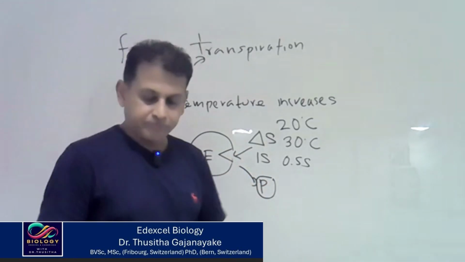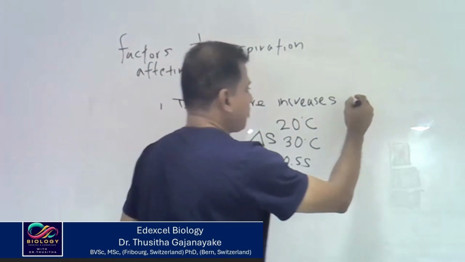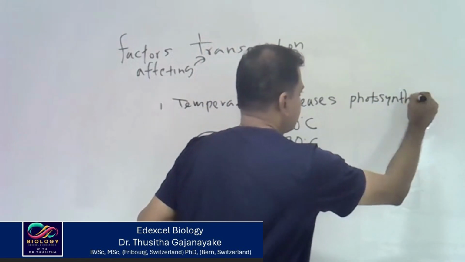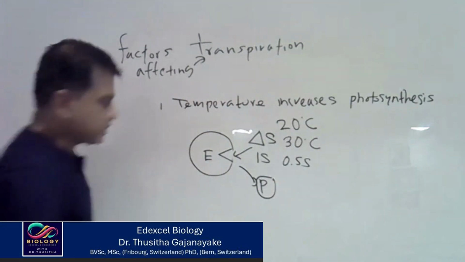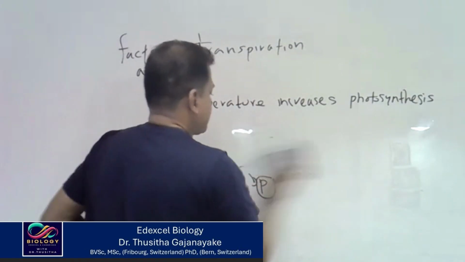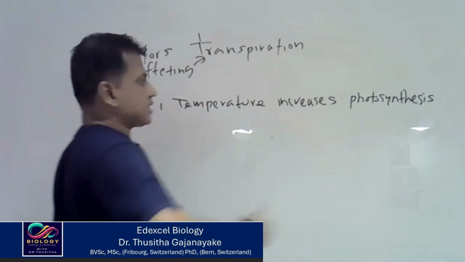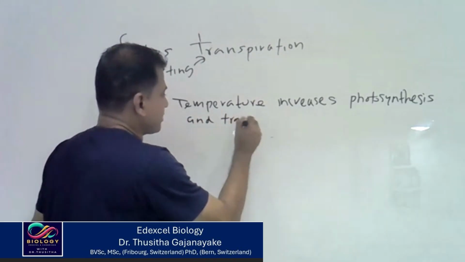So as the temperature increases, the rate of photosynthesis increases. I just told how it increased, because enzyme activity increases, the rate of photosynthesis increases, and transpiration increases.